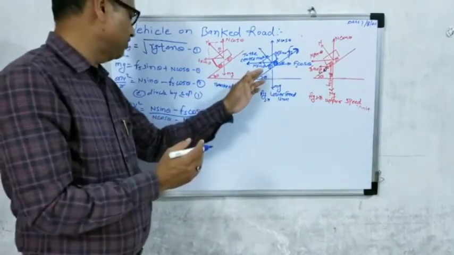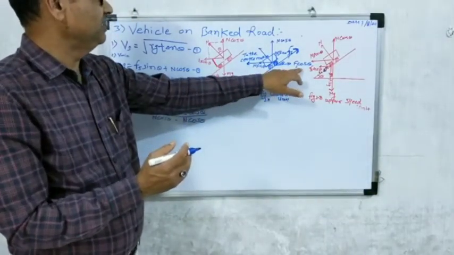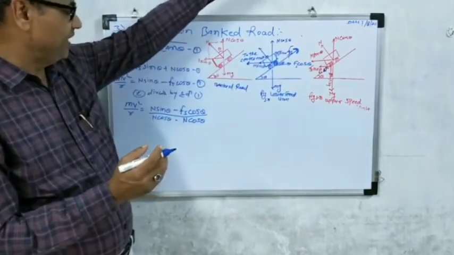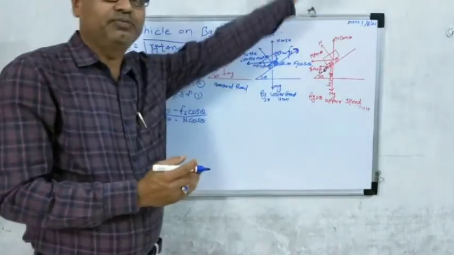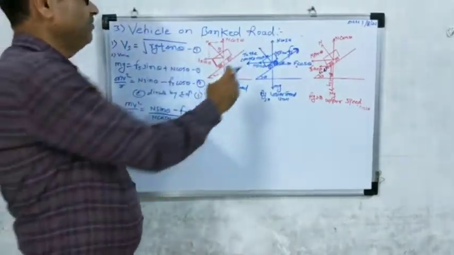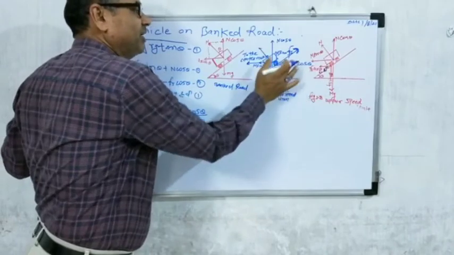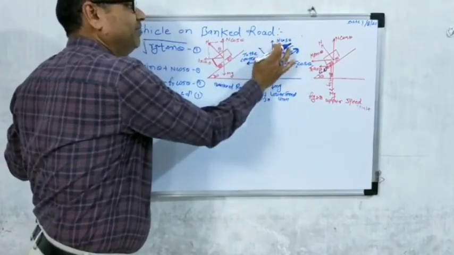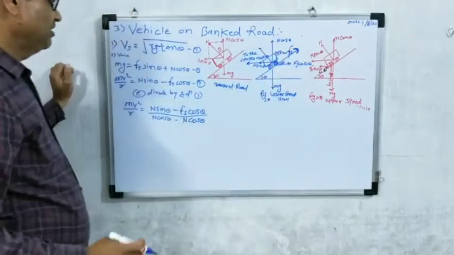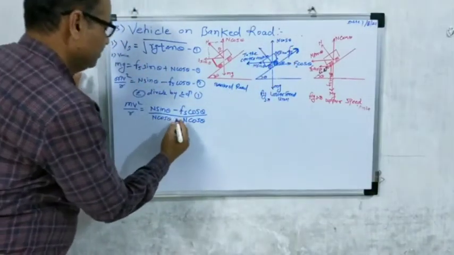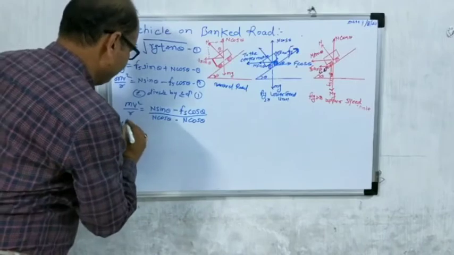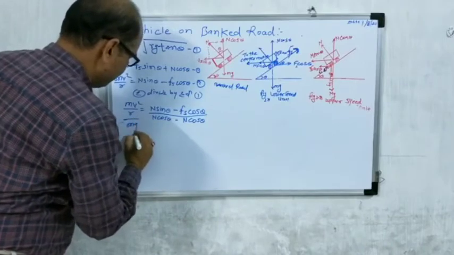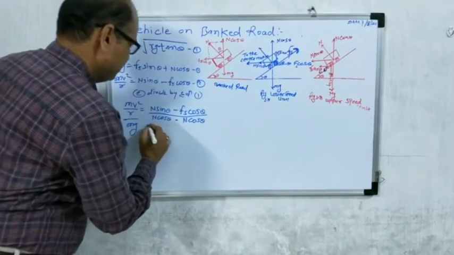The force of friction is inside in the positive direction. Therefore, the force of friction must be provided upward, and the balance should be provided vertically by n cos of theta. Therefore, divide by mg.